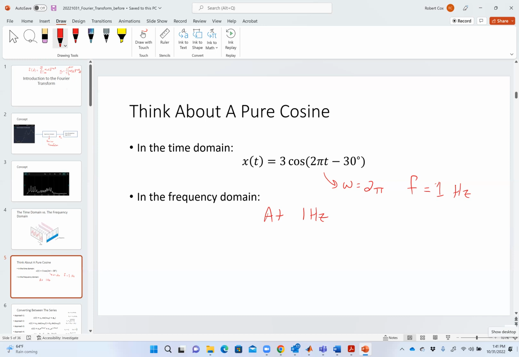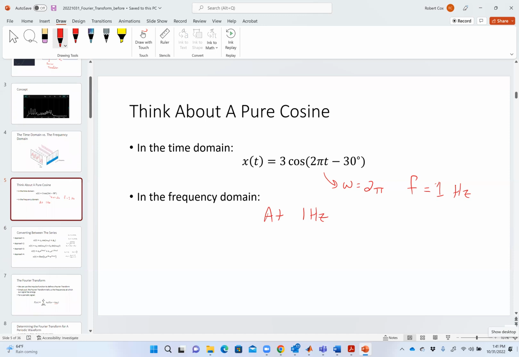Before I go too far down that line, I want to express this in the different forms of the series. So x of t, let's say I want to put it in this form: the sum from n equals minus infinity to positive infinity of alpha n e to the j n omega naught t.